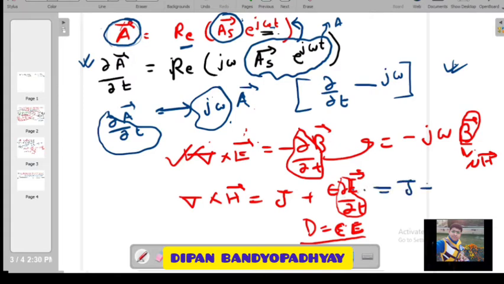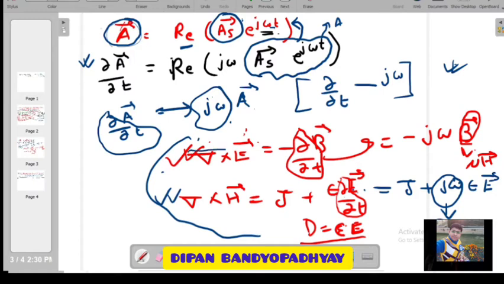So what we have, J plus j omega epsilon E. That means I have replaced del/del t by j omega. Both the equations are valid for time varying fields. So this is one adjustment we have done in Maxwell's equations.